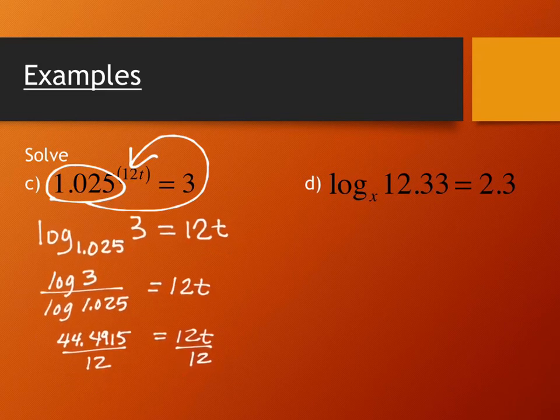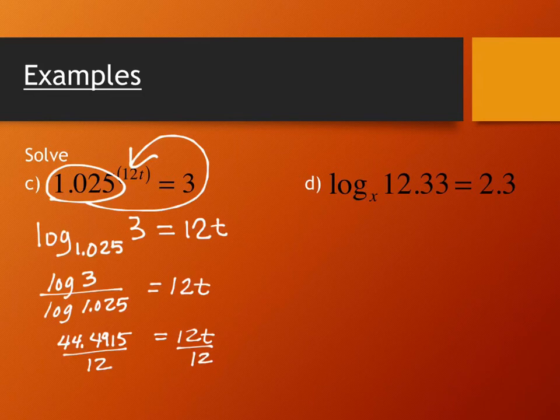We'll still round the answer at the end to the tenth. So t is 3.7. These are approximations. I should be writing approximations and so forth. Is that okay? So one slight change at the end there, that division by 12, so pay attention to that.